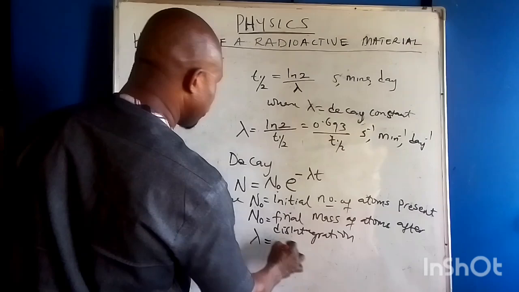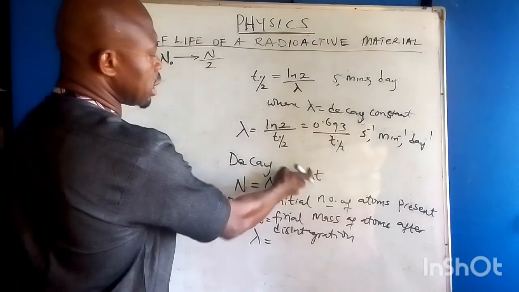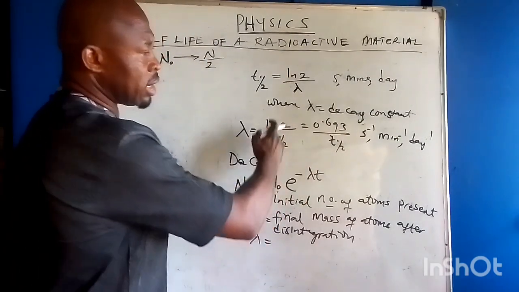Now lambda and t together give a negative exponent.